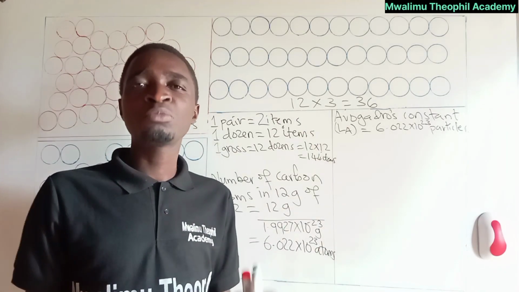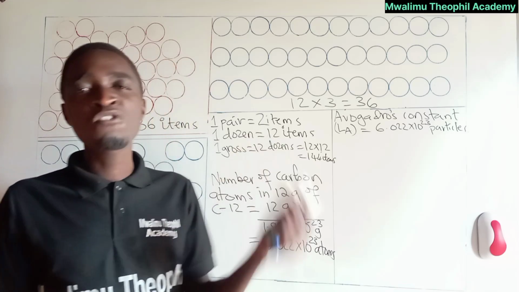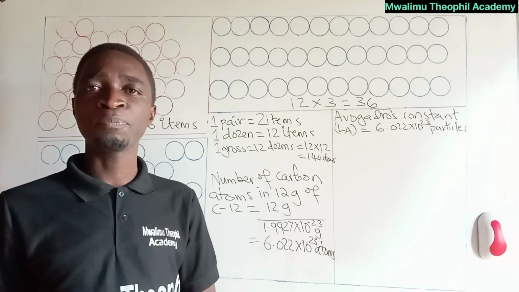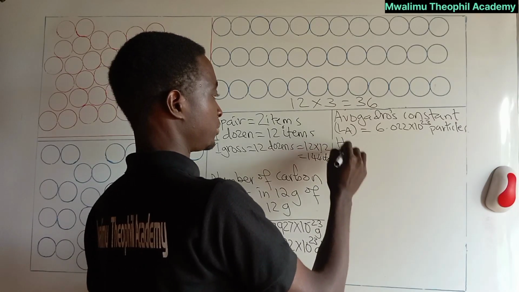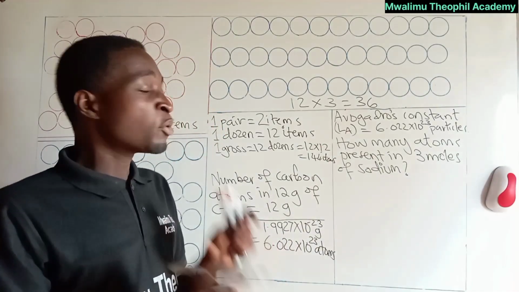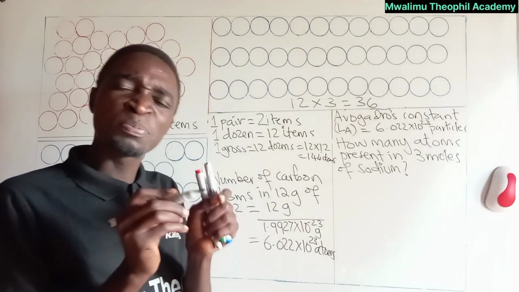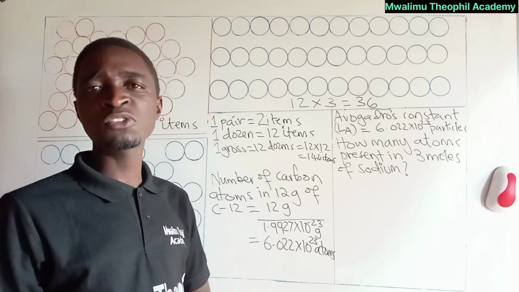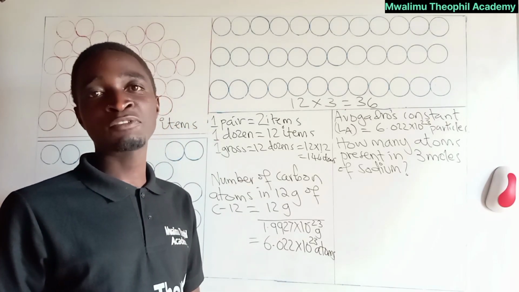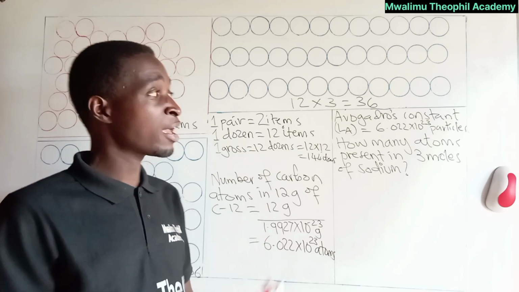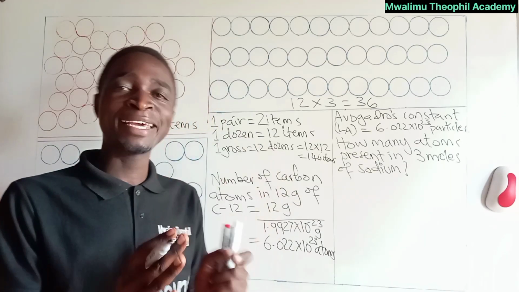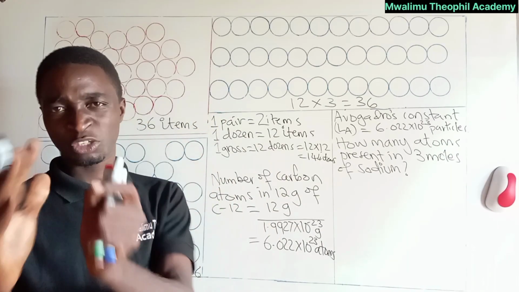Now, assume someone tells you to calculate the number of atoms present in 3 moles of sodium. To solve this question, you have to know the number of atoms present in 1 mole of sodium. The number of particles present in 1 mole of any substance, as I have told you, is equal to Avogadro's constant, which is 6.022 times 10 power 23 particles.